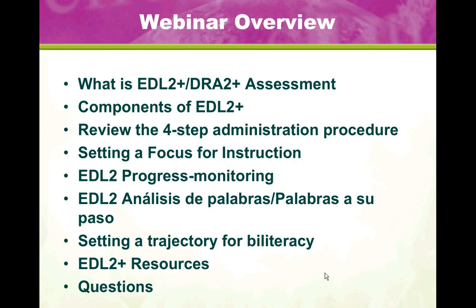In this overview, we're going to be specifically looking at EDL2 Plus and DRA2 Plus and how they work together. Then we're going to focus on EDL2 Plus and the procedure. We will also introduce two other assessment pieces that work with the EDL2 Plus.